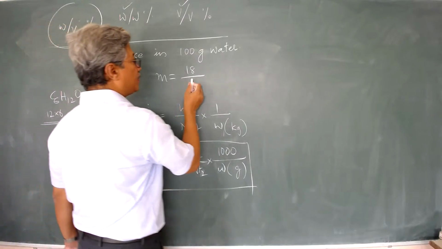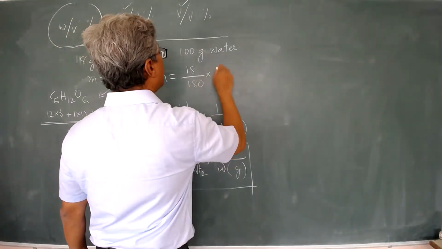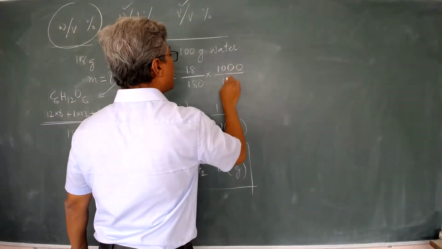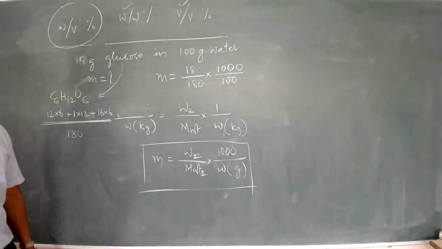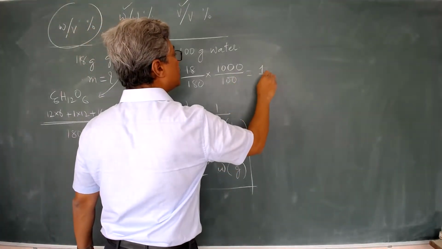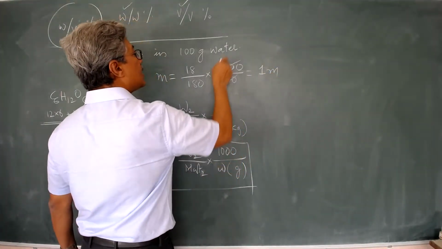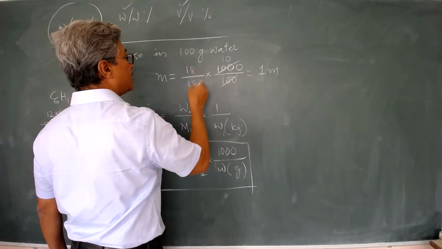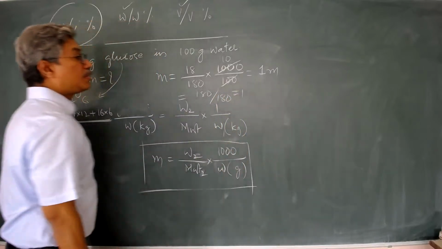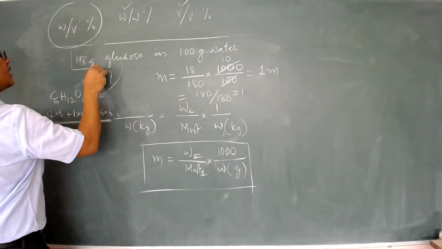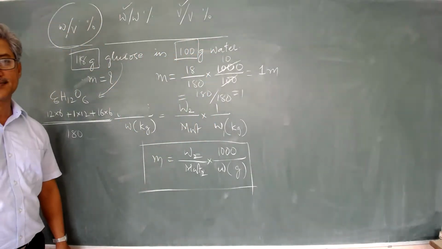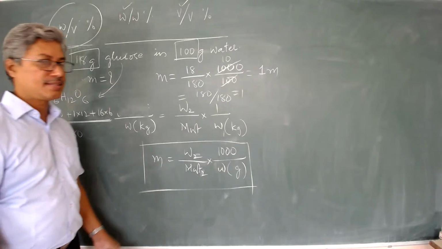That means the molecular mass of glucose is 180, into 1000 divided by 100, which is the weight of the solvent. It will be 1 molal, because 10 into 18 is 180, and 180 divided by 180 is 1. So when you dissolve 18 gram of glucose in 100 gram of water, the molality of the solution is 1. Is it clear?